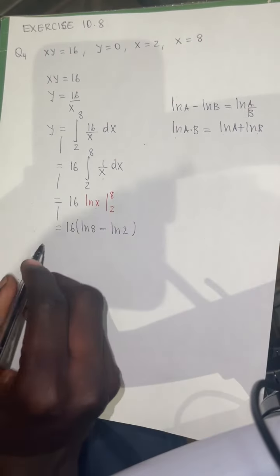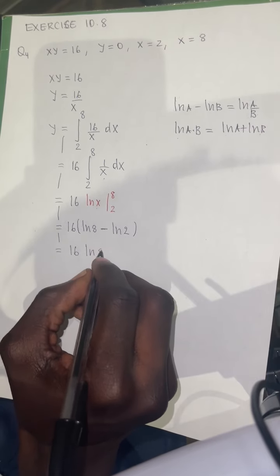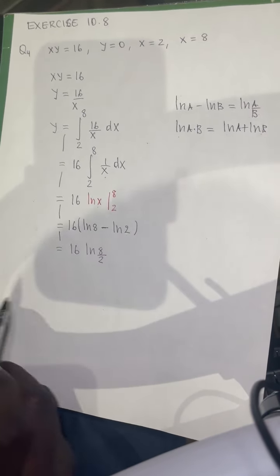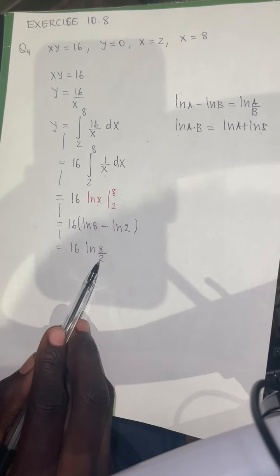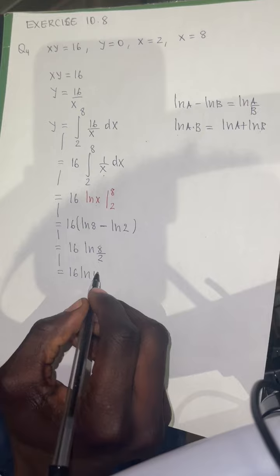We're just going to have 16 ln of 8 divided by 2. What is 8 divided by 2? It is 4. So the answer now is going to be 16 ln of 4.